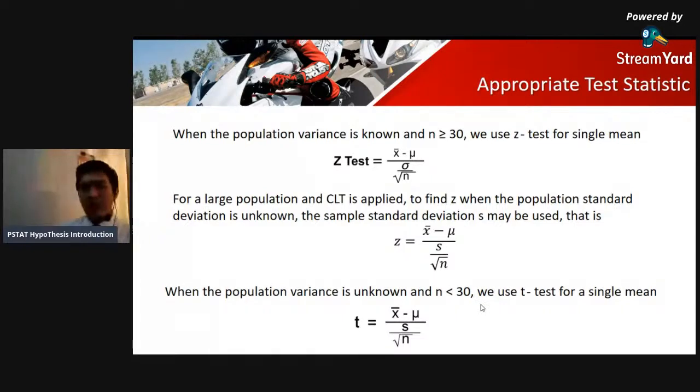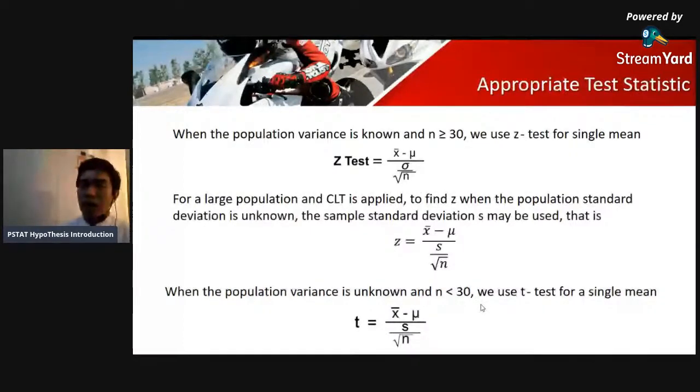And for a large sample, the formula is applied to find z when the population standard deviation is unknown, using the sample standard deviation s. Take note, if your sample size is large enough, meaning more than 30, but the population variance or population standard deviation is unknown, by the central limit theorem, we'll be using the sample standard deviation in the absence of the population standard deviation.